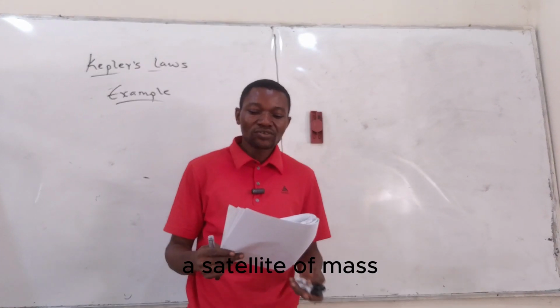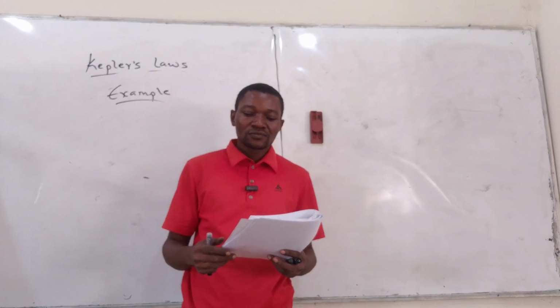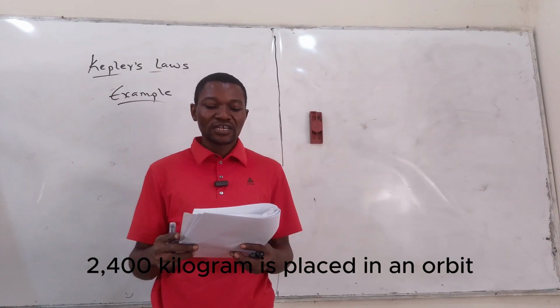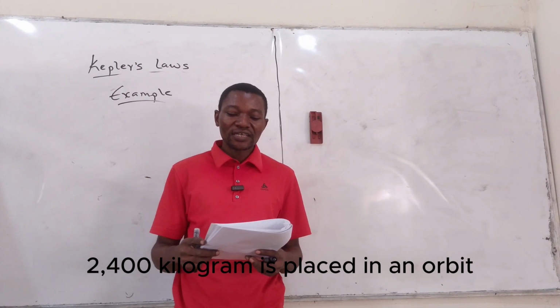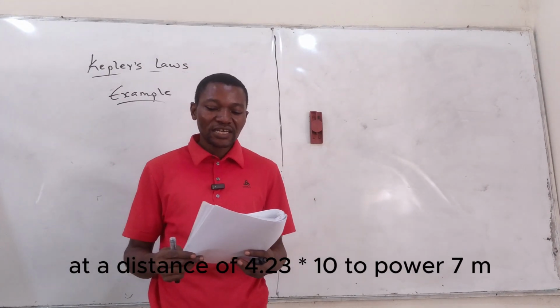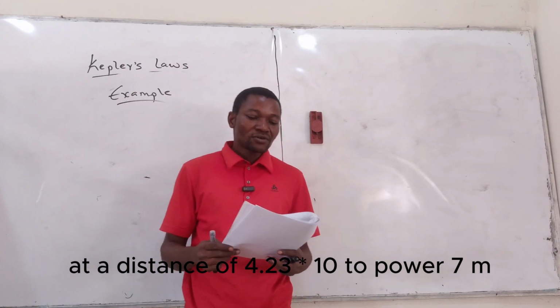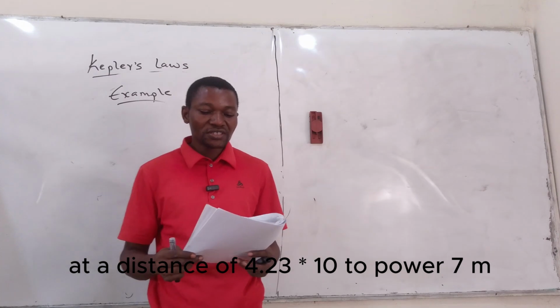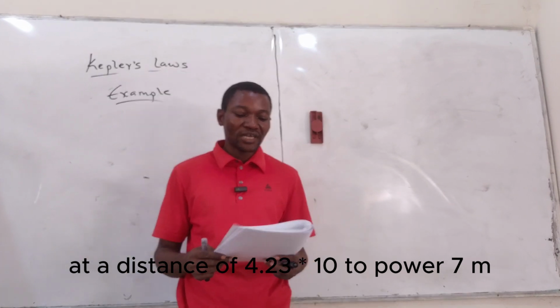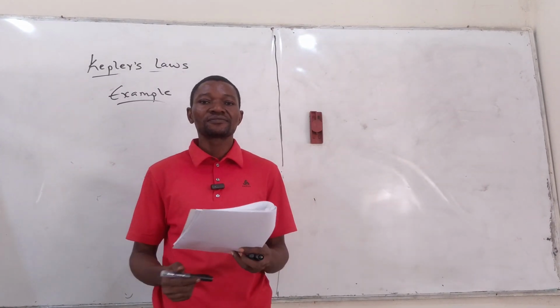A satellite of mass 2,400 kilograms is placed in an orbit at a distance of 4.23 times 10 to the power 7 meters from the center of the Earth.